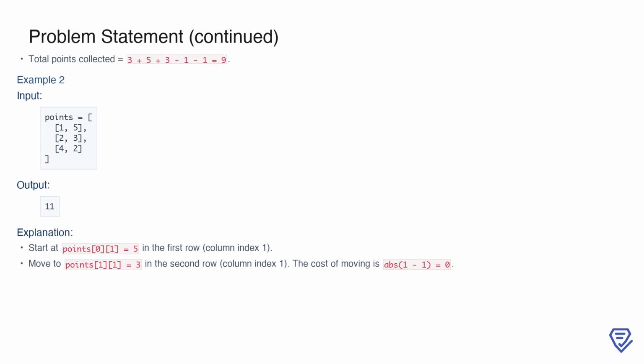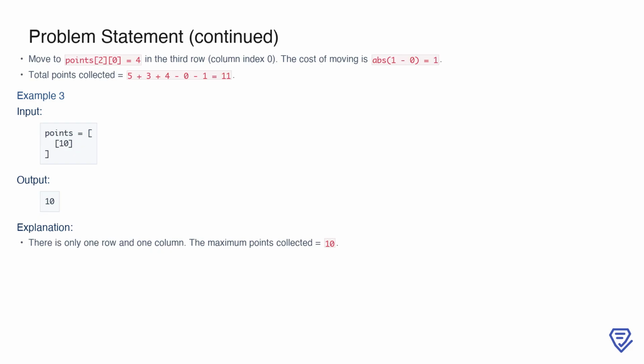The cost of this move is abs(1 - 1) = 0. Finally, in the second example, you move to points[2][0] = 4 in the third row, which is the first column. The cost of this move is abs(1 - 0) = 1. Summing up the points, you get 5 plus 3 plus 4, and subtracting the movement cost of 1, the total points collected are 11.